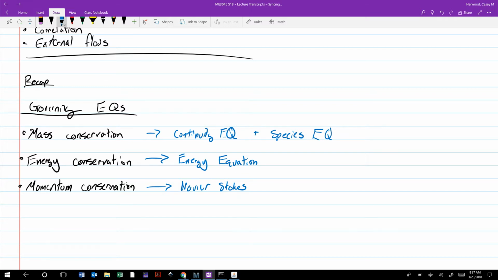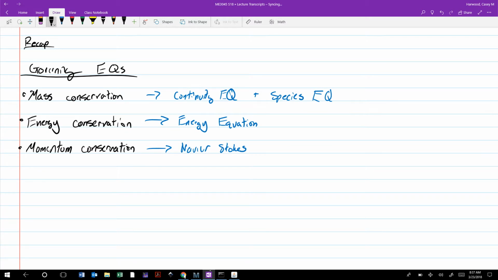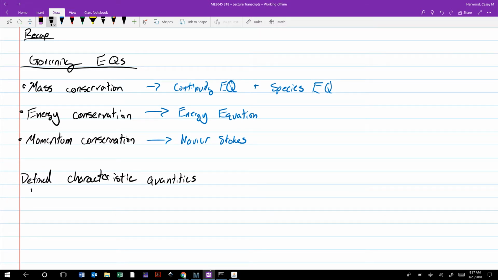So the next approach we took was to define a series of characteristic quantities, including the characteristic length, the free stream velocity, the surface temperature, the free stream temperature, the surface concentration, the free stream concentration, and I believe that's it for now.